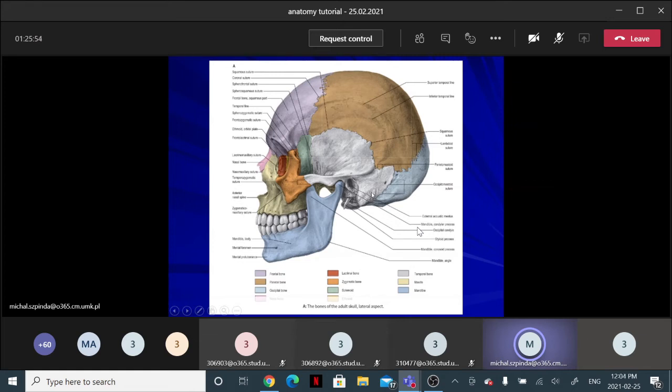Behind it is the mastoid part of the temporal bone. And such a point here is just the asterion.